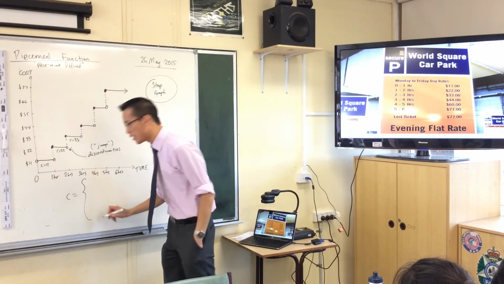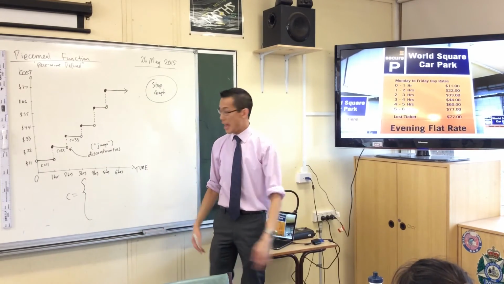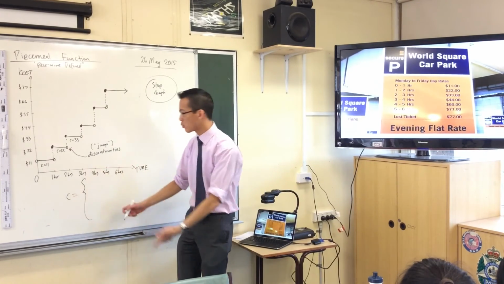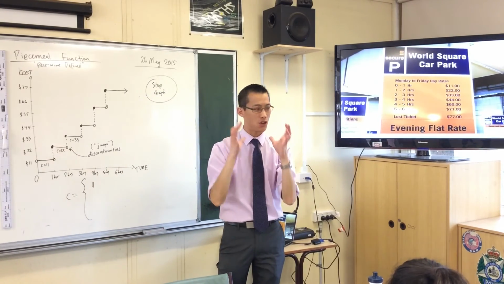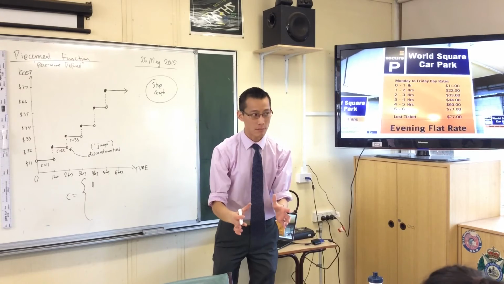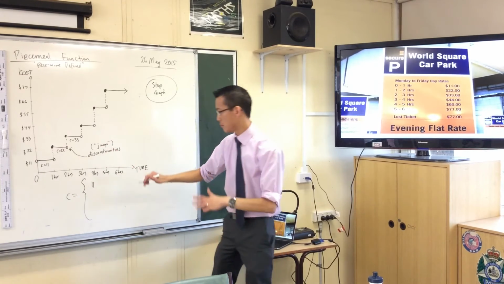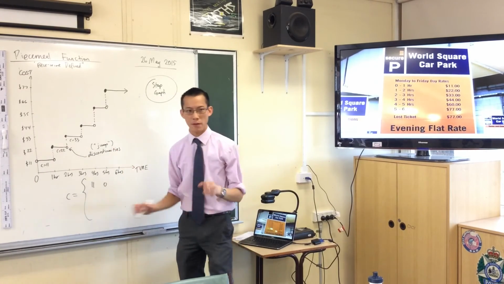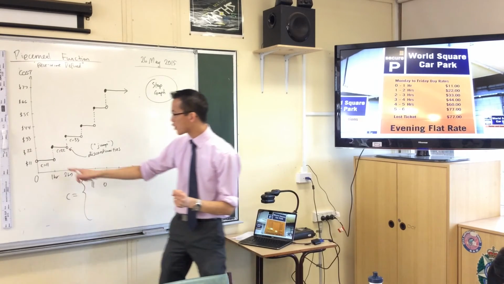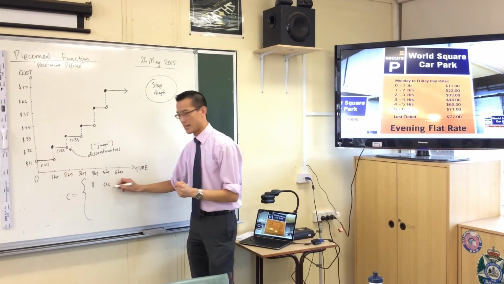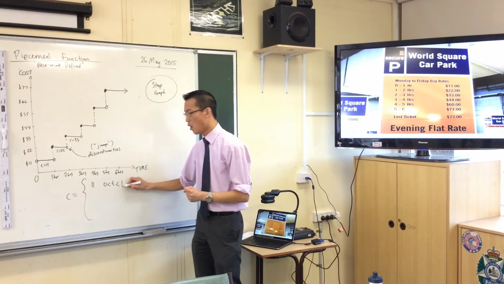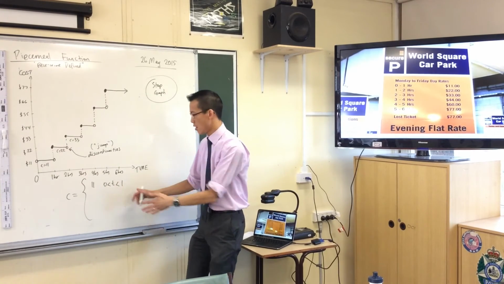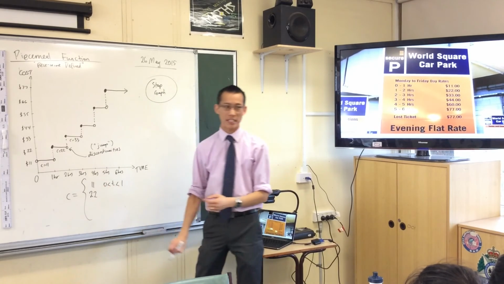So what I do is I put in a curly brace, and I say, well, okay, C is equal to 11 for a certain restricted domain. What domain? At least on my graph, T is less than 1, and 0 less than or equal to T. Now, let's be really specific, because I've got these boundaries here. I've got less than, and then T, and then 1, and not inclusive.